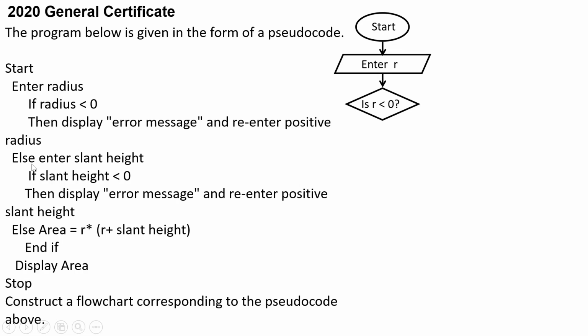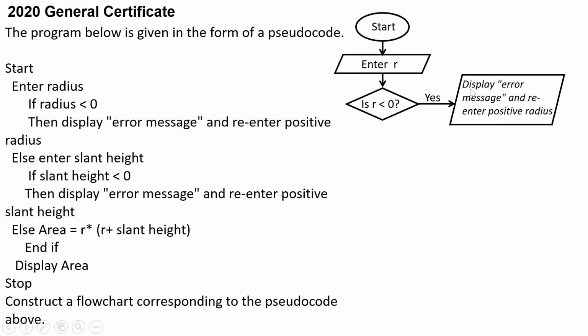Then here else stands for no. So if yes, what happens? Display error message and re-enter positive radius. So you write this one for display. You write here, from here up to here, display error message and re-enter positive radius.